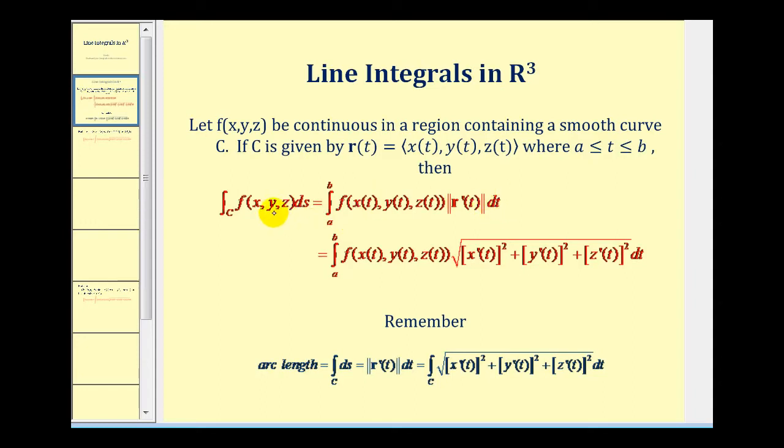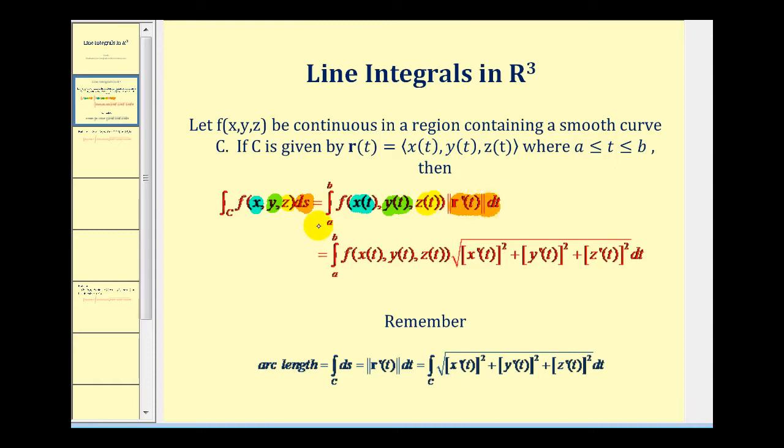So we first convert the function f of x, y, z into a function of t by replacing x with x of t, y with y of t, and z with z of t from the components of the space curve. And then we replace differential s with the magnitude of r prime of t dt.